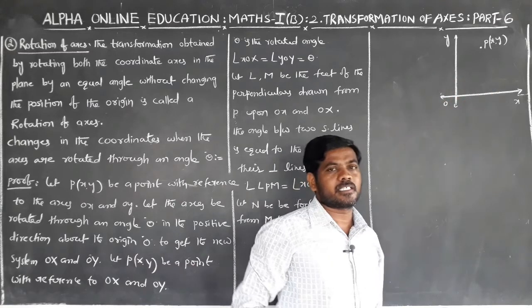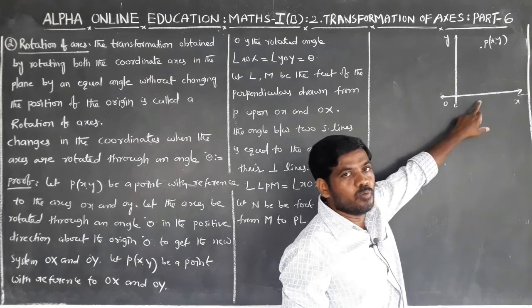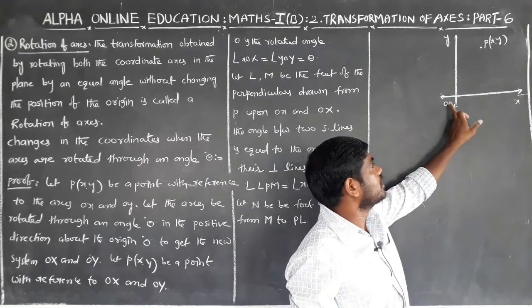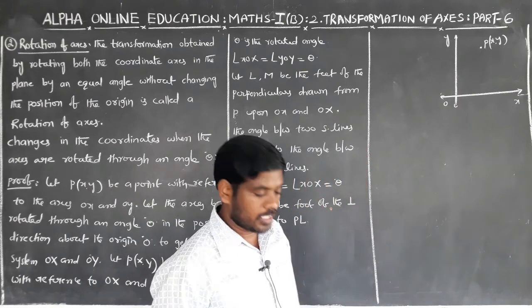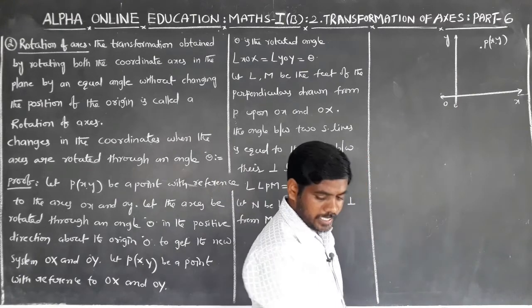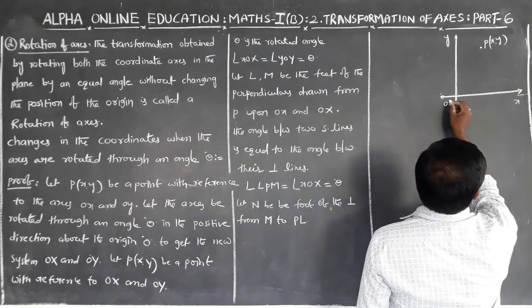P(small x, small y) is a point with reference to the old system. Here both coordinate axes are rotated through an angle theta.